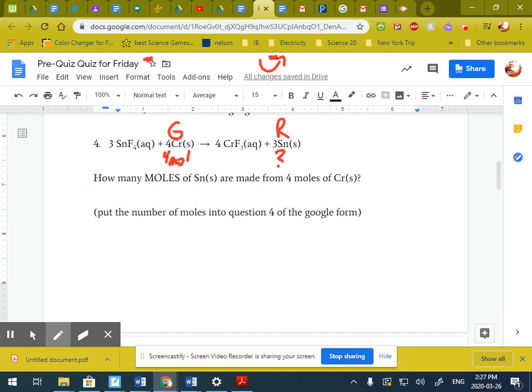And we always use required over given to solve any problem with moles. So we go 4 times 3, which is 12, divided by 4, which is 3. So the correct answer is 3. That's what you would put into the Google form.